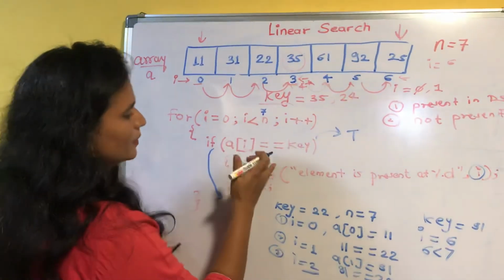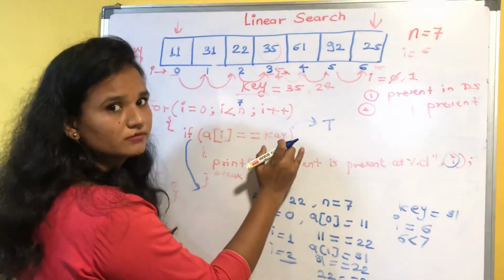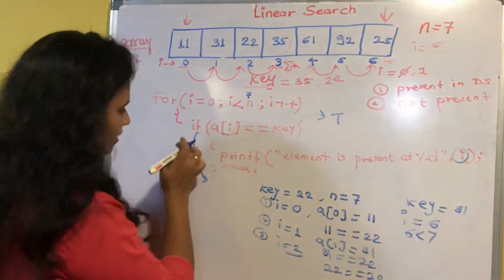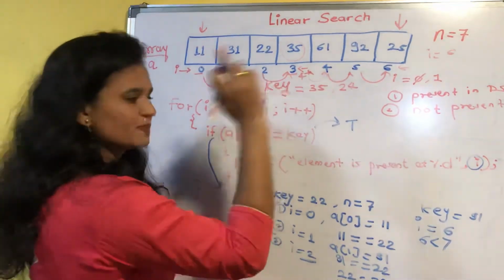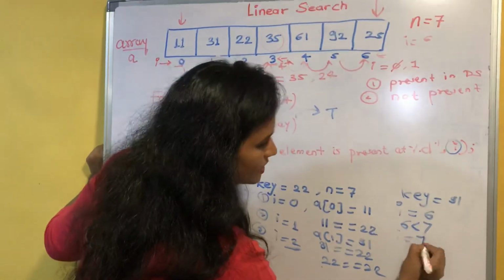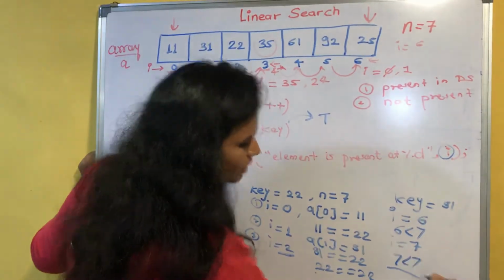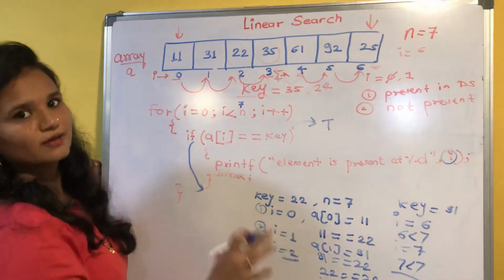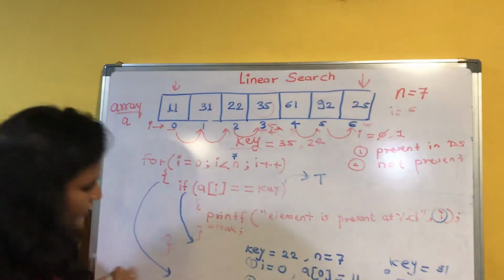Then compare 25 equals 91. Condition false. Again control will come back here, i plus plus, means the value of i becomes 7. Now again the condition will get checked: 7 is less than 7. Now the condition is false, so control will come out here.